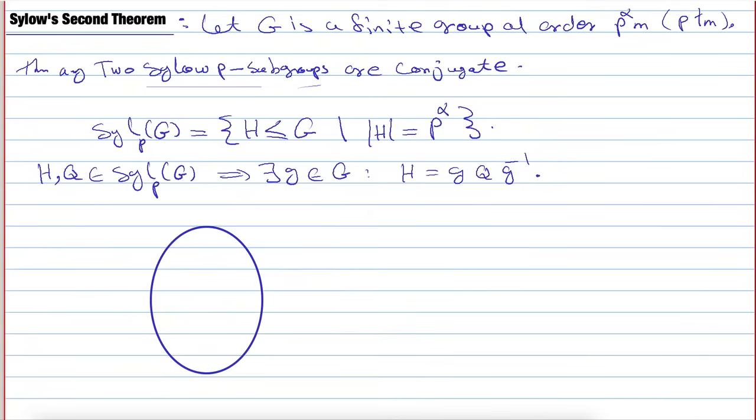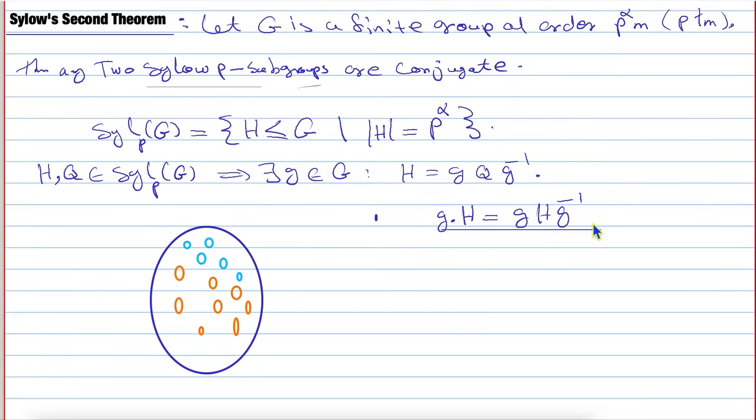Okay, and furthermore, if you take the set of all subgroups of G, we take it with this color, and the Sylow p subgroups are marked with some different color, then we apply an action of G by conjugation on the subgroups. So the action would be g dot H for any subgroup H equals g H g inverse.